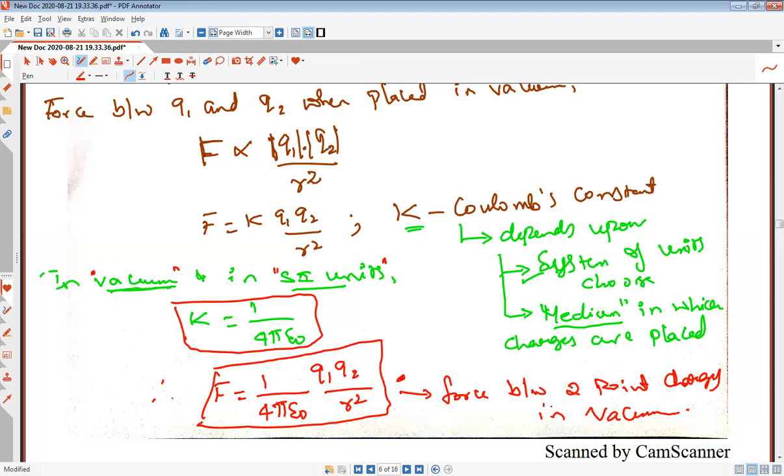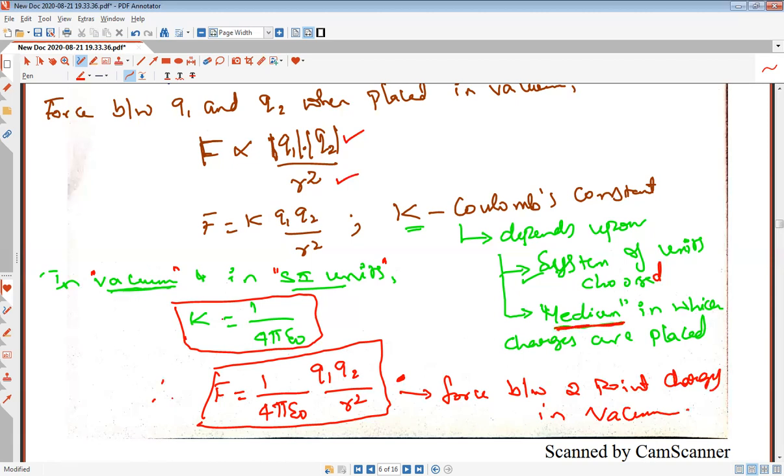This is Coulomb's law of electrostatics. The force between two point charges is directly proportional to the product of the magnitude of the two charges and inversely proportional to the square of the distance between them. The proportionality constant is K and is called Coulomb's constant. It depends upon the system of units used and also upon the medium in which the charges are placed.